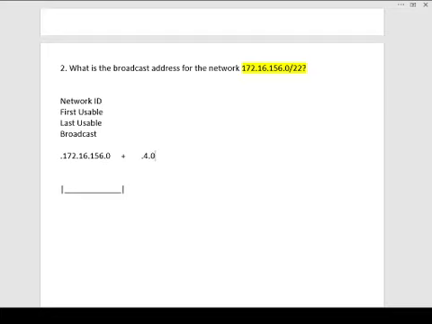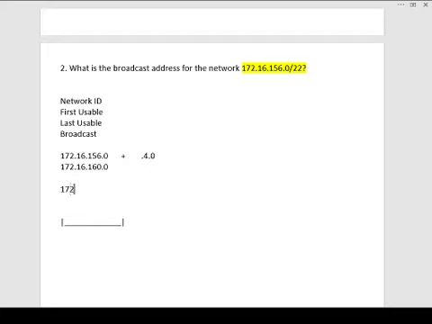And obviously, that's going to make it fairly simple. And I kind of put this dot here, which I really didn't need. But we're going to go here. It's going to be 172.16.160, which is 4 higher than 156.0. I think you guys can kind of figure out that the broadcast is one less than the next network ID, which is fairly simple.